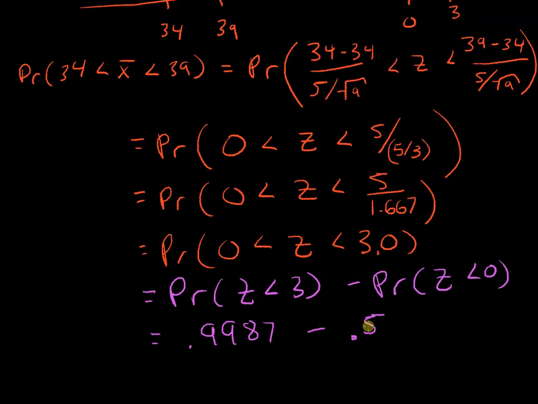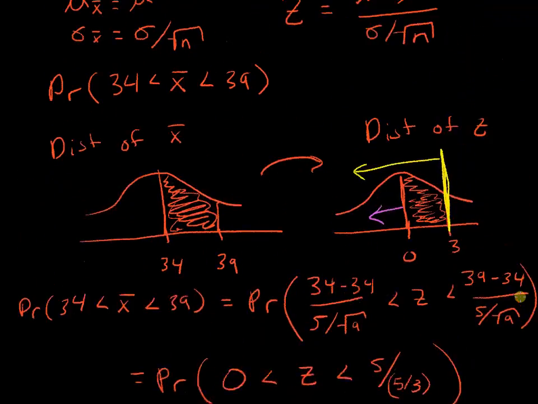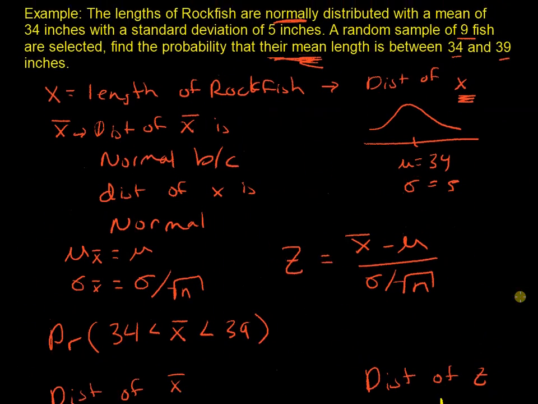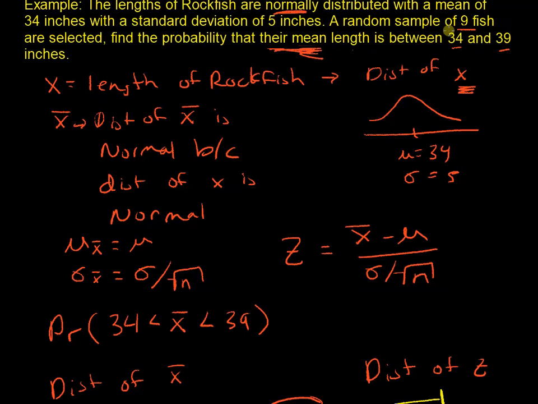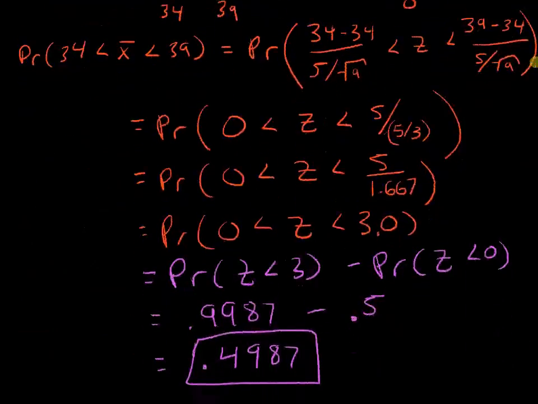Lastly, let's calculate this difference: 0.4987. There you go. So the probability that the average length of the 9 fish will be between 34 and 39 inches is 0.4987.